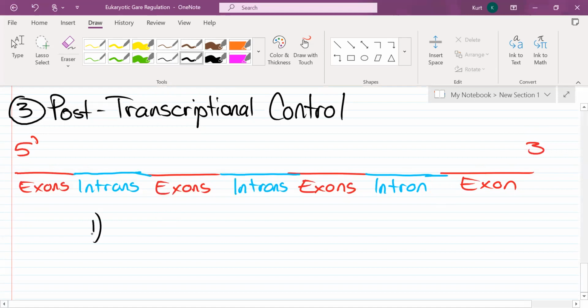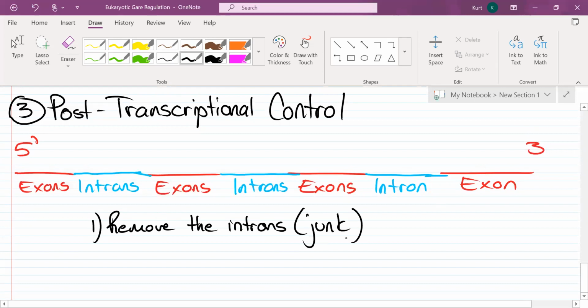The first thing we have to do is remove the introns. The introns are basically junk. We don't need them, so I'm going to erase them.